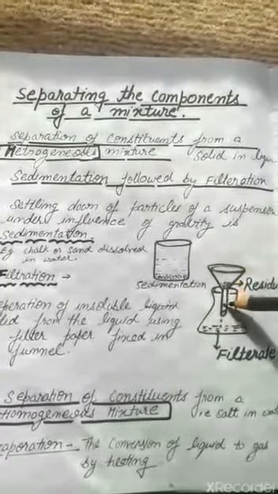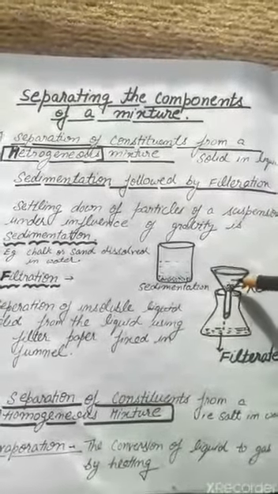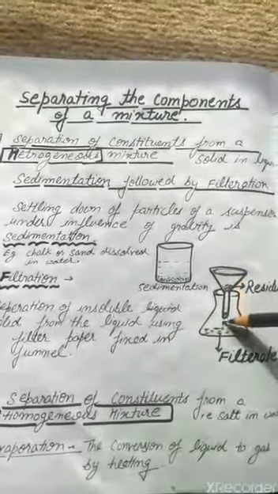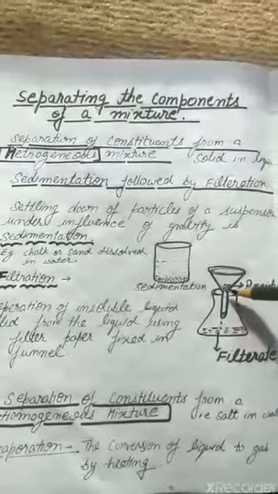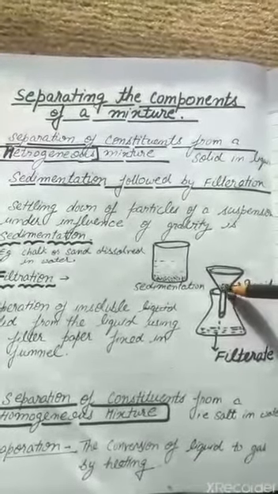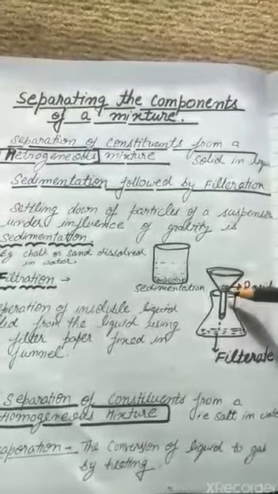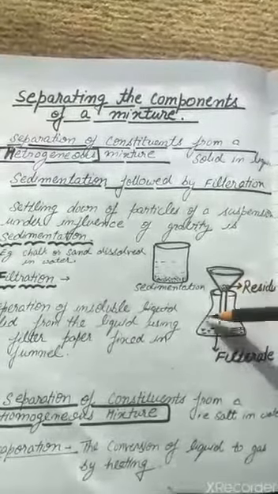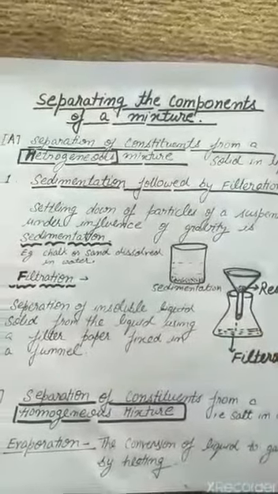Slowly the water particles, which are small in size, can easily pass through the filter paper and come down, whereas the chalk particles, or we can say sand particles, will be left here, and this is called residue and the liquid is called filtrate.